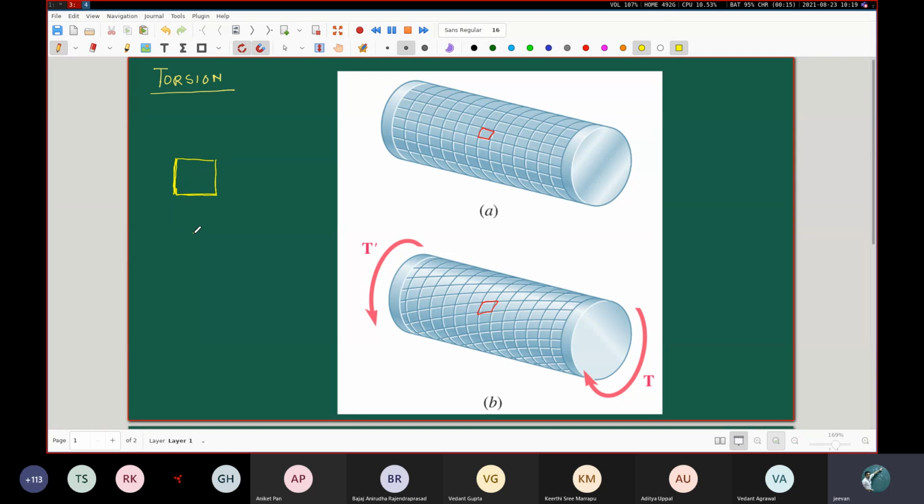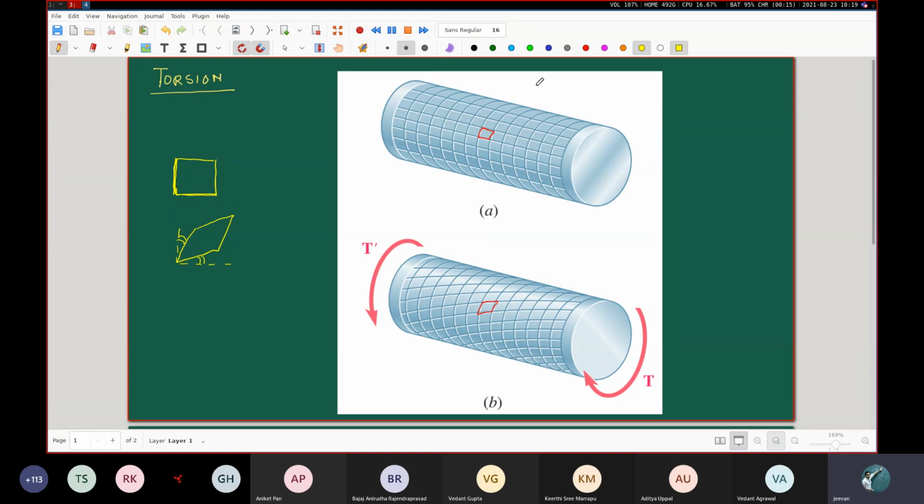In general, the deformation may take place in this fashion, so that the change in angle from this original right angle will be referred to as the shear strain.